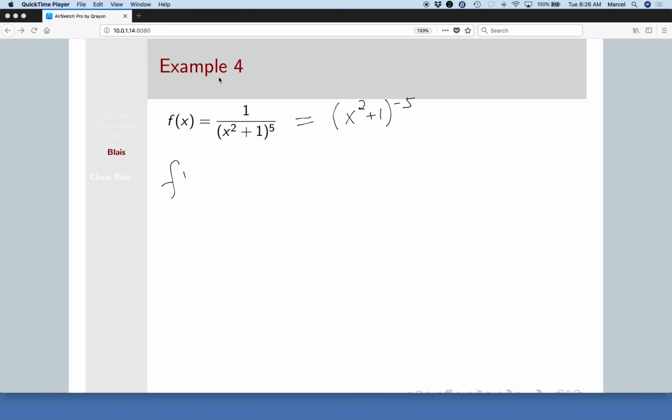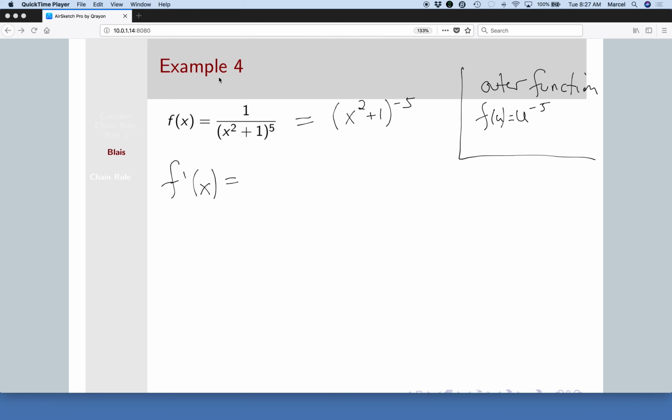So the derivative, come back to our first version, take the derivative of the outer function. So here the outer function would be, say, u to the minus 5. So you could say f of u is u to the minus 5.